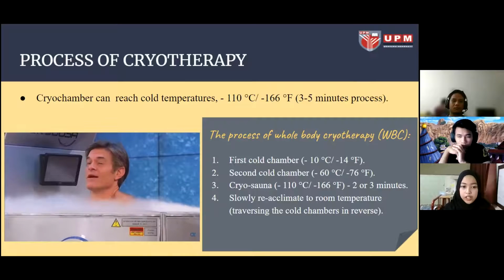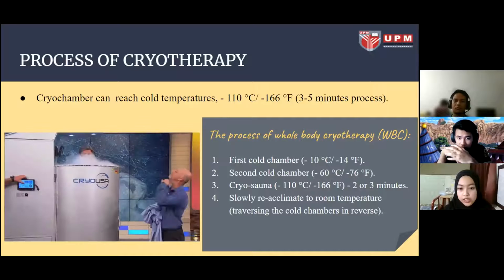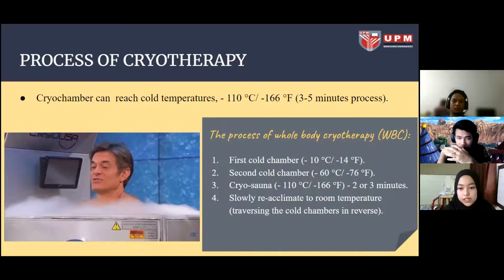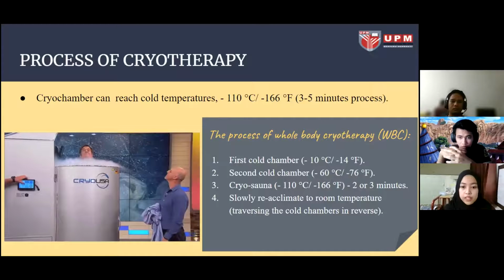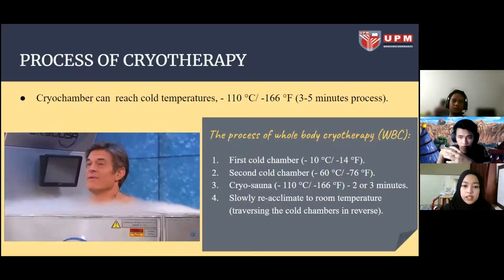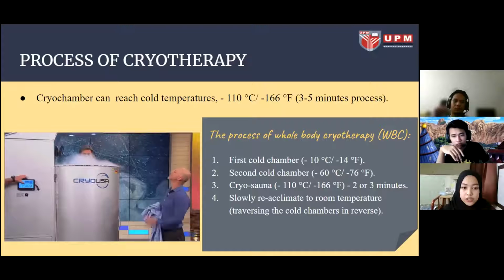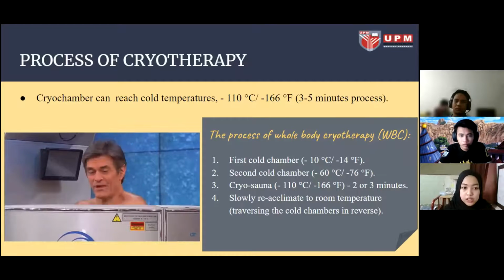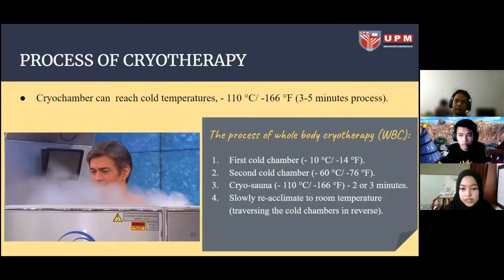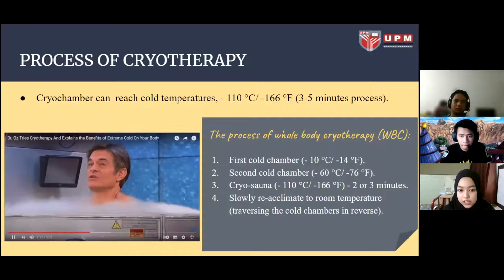After our body acclimates to this cold, we enter the second process, called the second cold chamber, where we set the cryochamber to negative 60 degrees Celsius, equivalent to negative 76 degrees Fahrenheit. Then, once acclimated, we enter the third process, known as the cryosauna. In this cryosauna, the cryochamber chills to the lowest temperature it can reach, which is negative 110 degrees Celsius, equivalent to negative 166 degrees Fahrenheit.